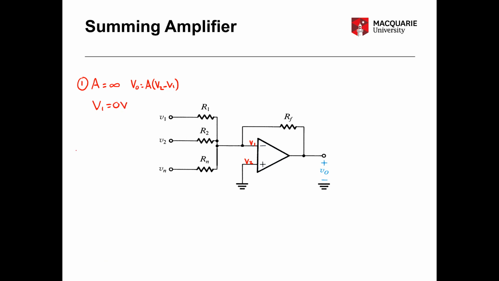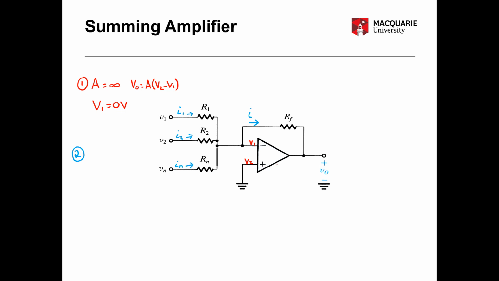And the next step is to simply apply Kirchhoff's current law. So we have several currents in this circuit. Let's call this main one just I. But over here we have I1, we have I2, and we have IN.